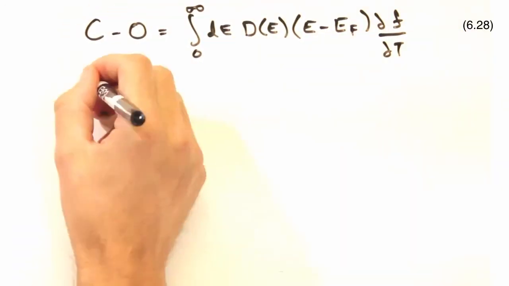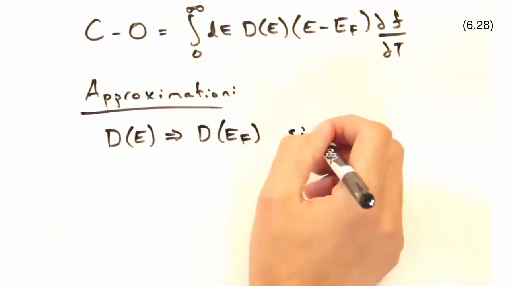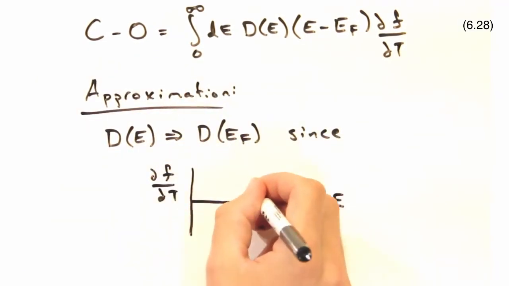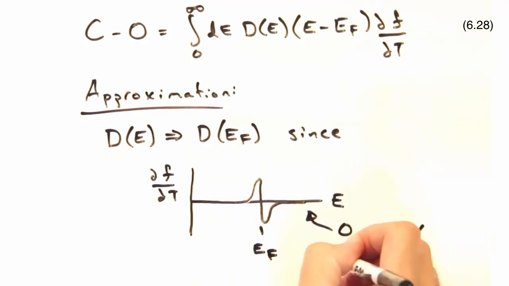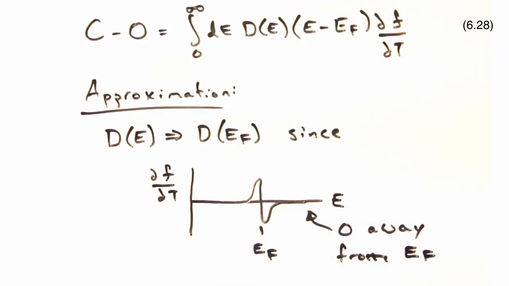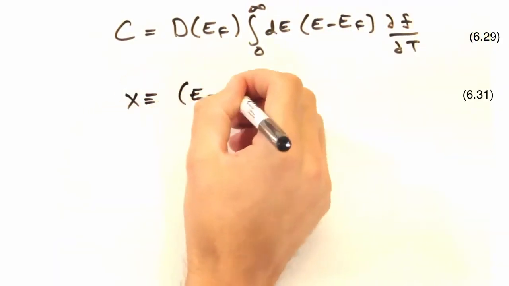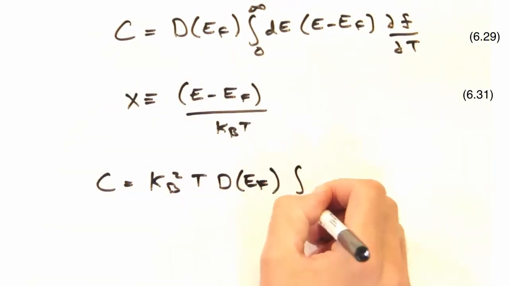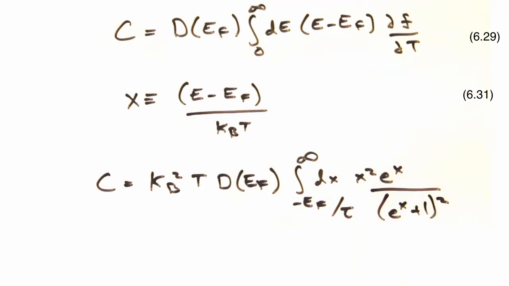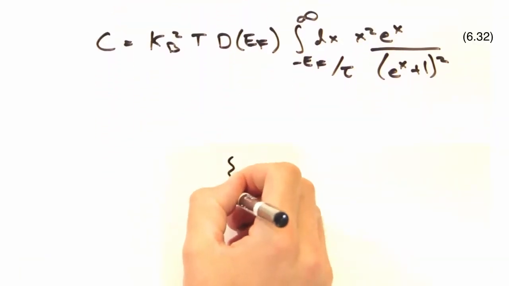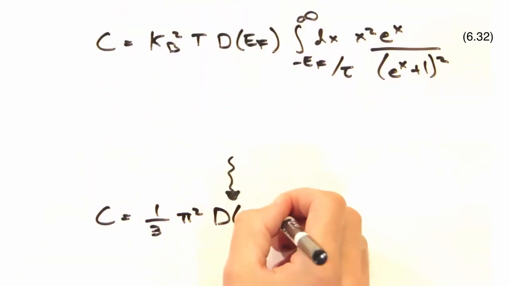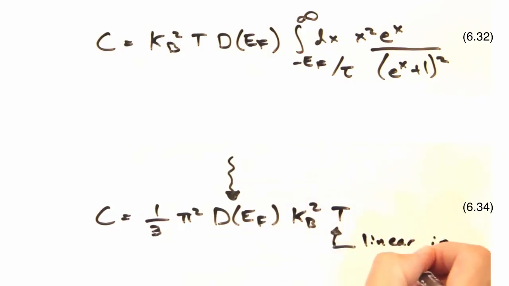We can approximate that the density of states is relatively constant in energy at the Fermi level, so we can pull that out of the integral. Now we can rewrite the integral in terms of the variable x. After letting Mathematica handle the integral, we get an expression for heat capacity that has a linear temperature dependence. So approximating the fraction of contributing electrons using rectangles wasn't really a bad approximation after all.